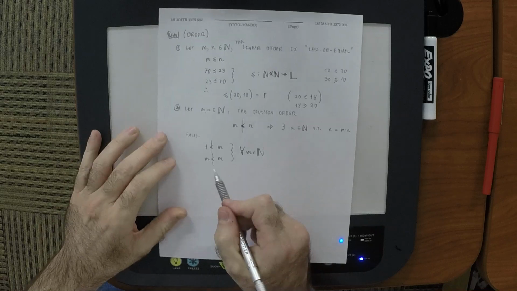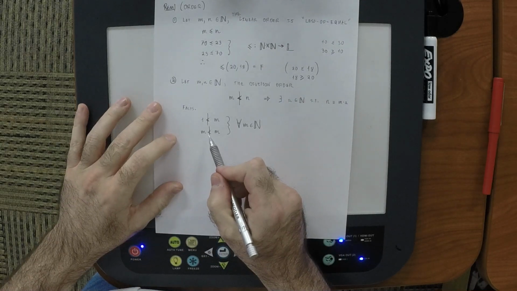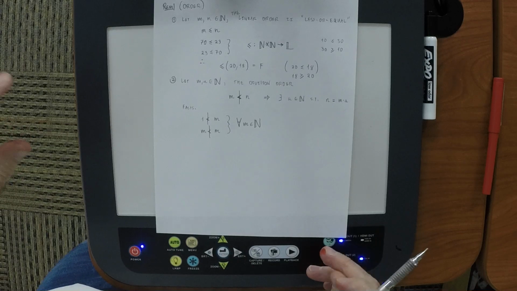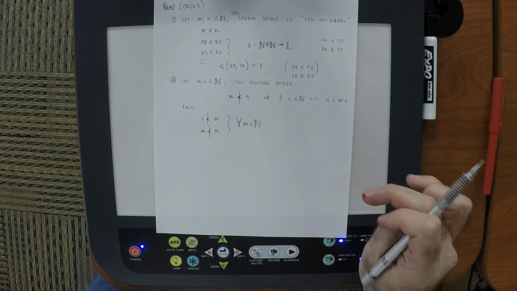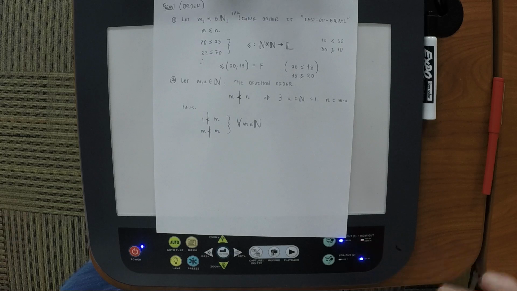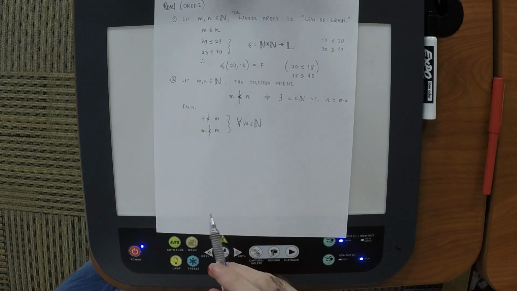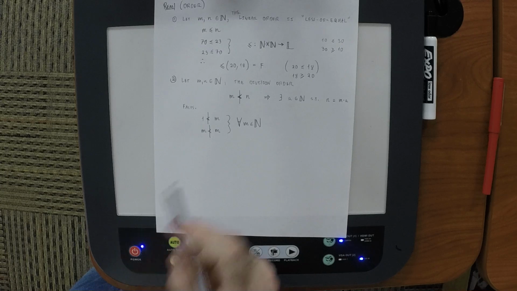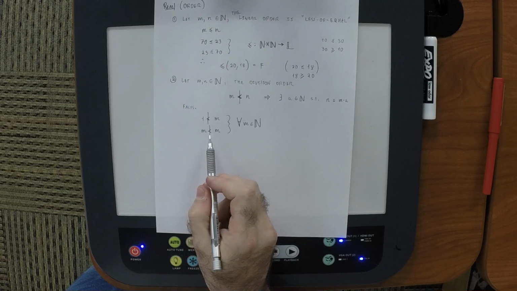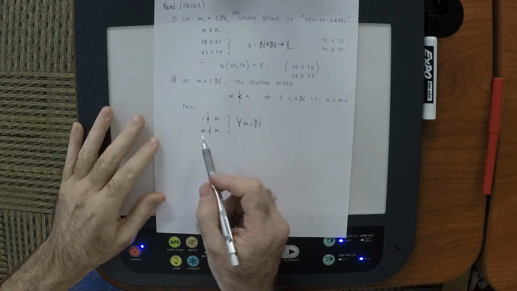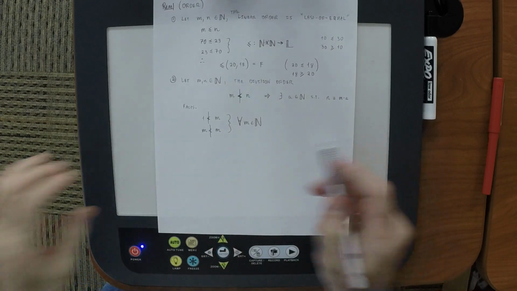No. So my question to you is, is the division order like less than or equal, or is it like less than in that sense? It's like less or equal in that sense, right? Because this is saying that m is division less than m. So this is true in the same kind of way that 20 is less or equal 20.